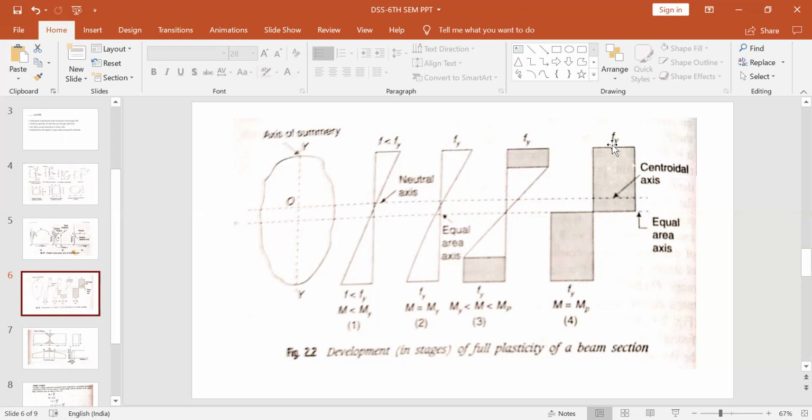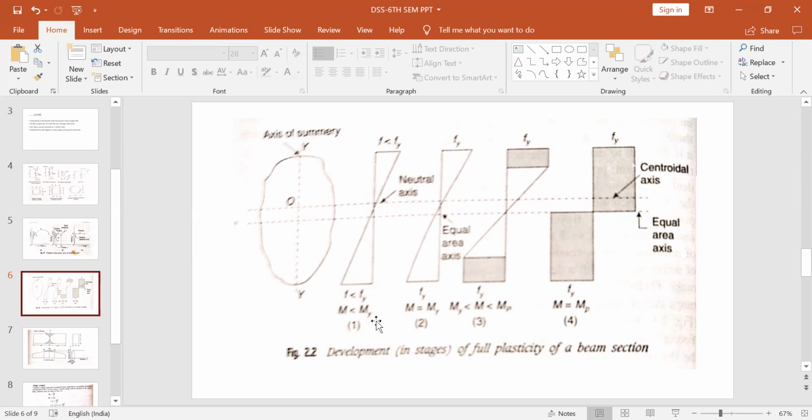That means the entire cross section of this beam has reached the plastic stage. There is no yielding left. Whatever has yielded has already gone into the plastic stage. So this is the development in stages of full plasticity of a beam section. How the yielding stage starts, how the plastic stage is reached, this is being explained. You have to understand this very clearly to understand what plasticity is, what a plastic hinge is and all that.